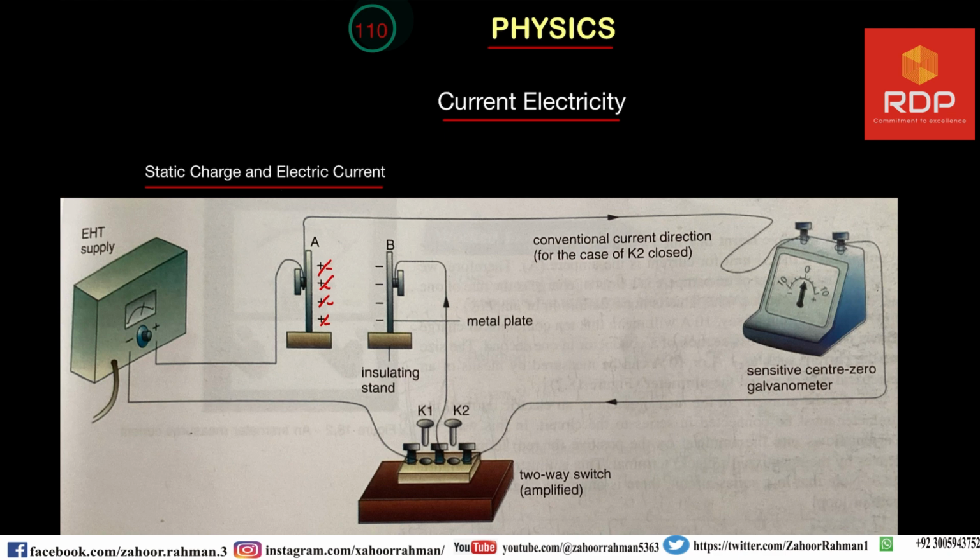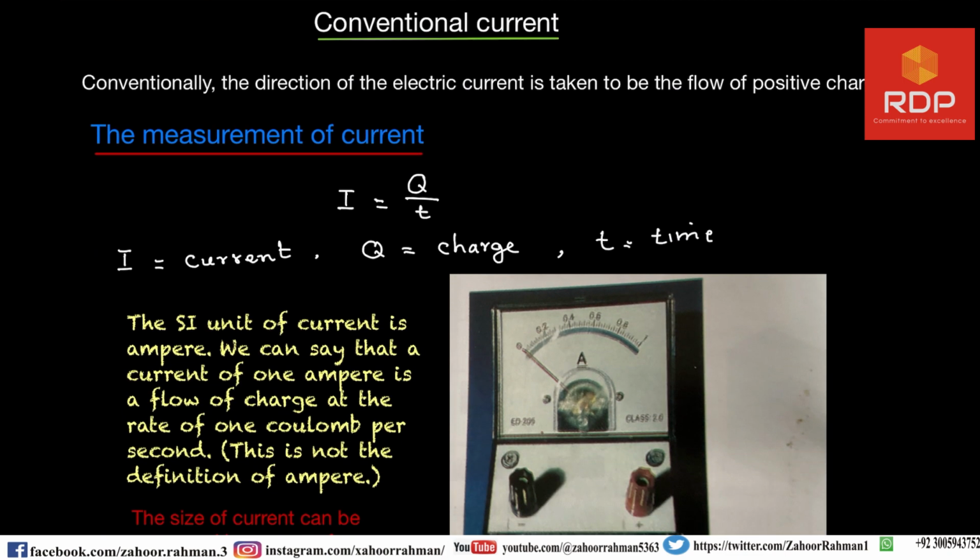So the charge on plate A will vanish, and that is why this galvanometer shows a small deflection of the needle momentarily, because after the neutralization there will be no current flow and the galvanometer will not show any deflection in this particular scenario. Now let us talk about the conventional current.